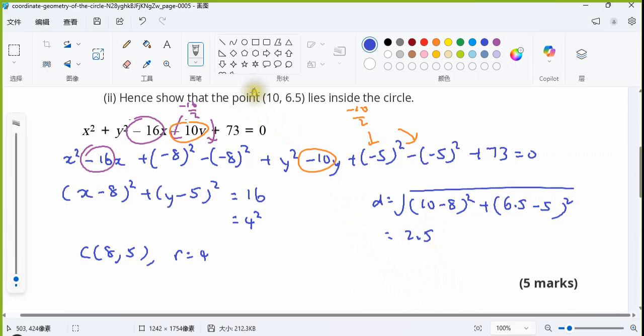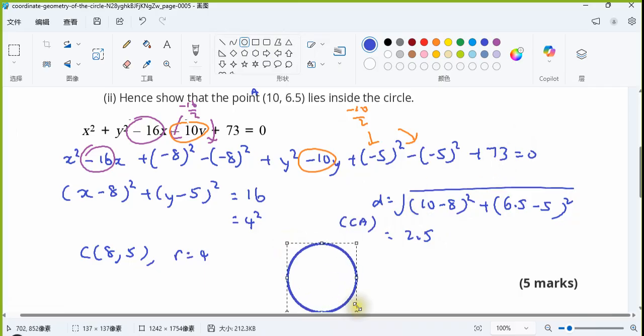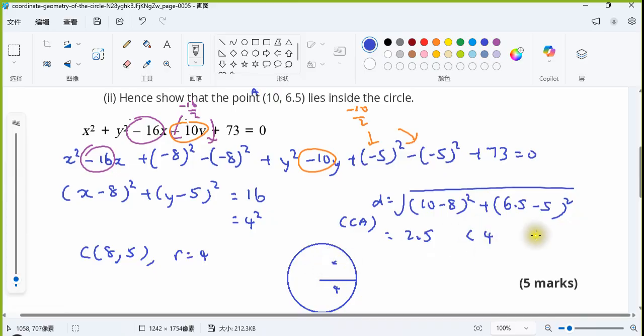So this is A, the distance, so this is actually CA. We know the center of the circle is something like this, and the radius is 4. The distance to A, 2.5, is less than 4, less than the radius.